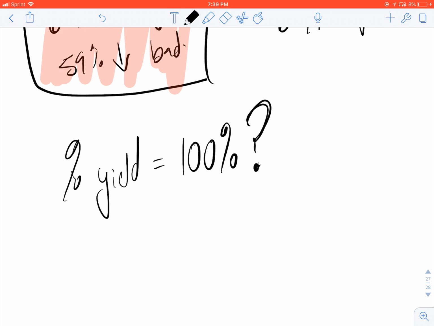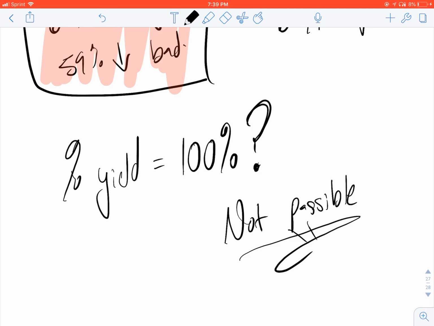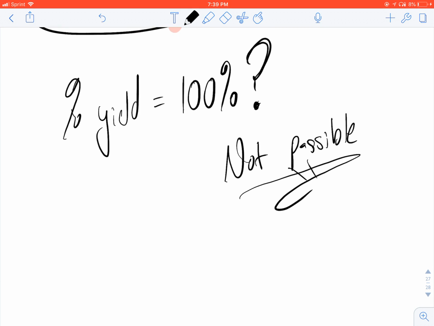And no, not possible. Ideal? Yeah, but it's not possible. We can approach up to 100%, but we cannot get there. There's too many factors to consider. Unfortunately, we'll never be perfect.